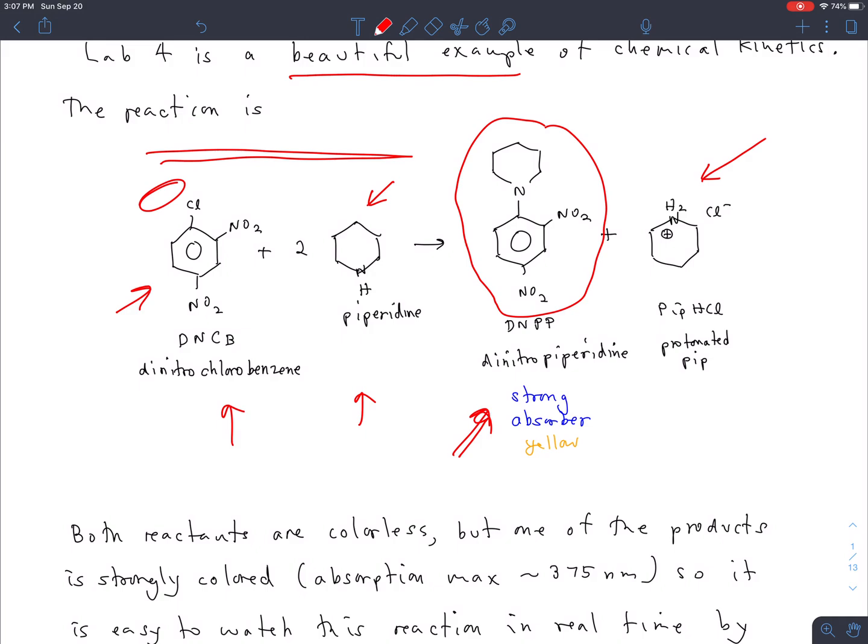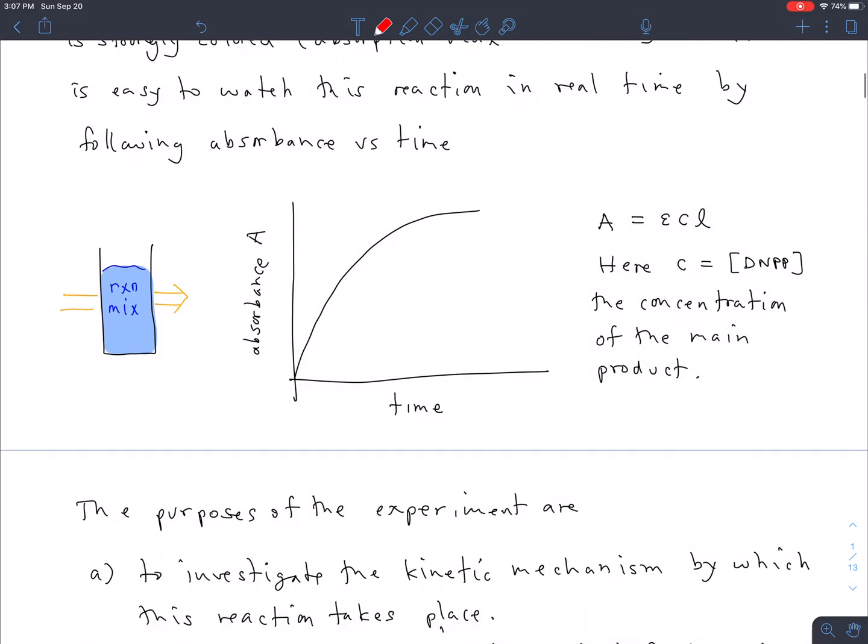I'm not so sure that the reaction itself is of great interest. What's of more interest is the ability to use this reaction to see how chemical kinetics experiments are done and how they're interpreted.